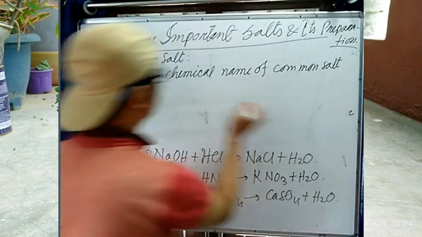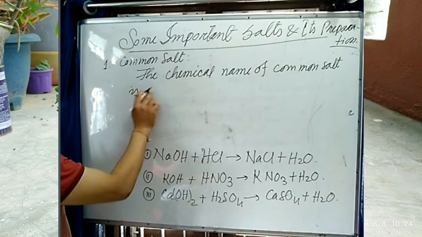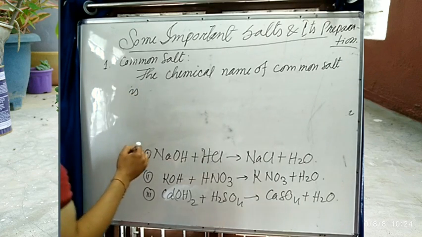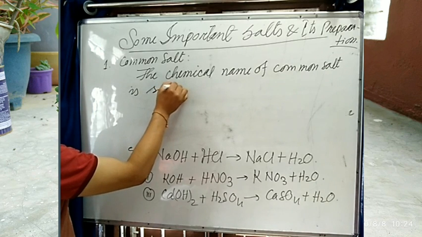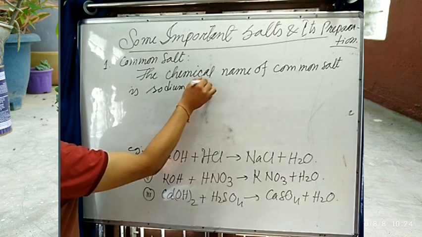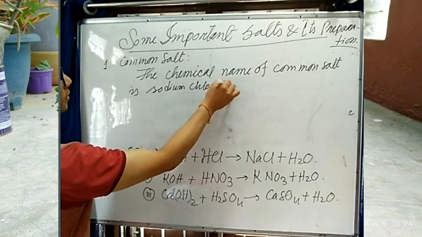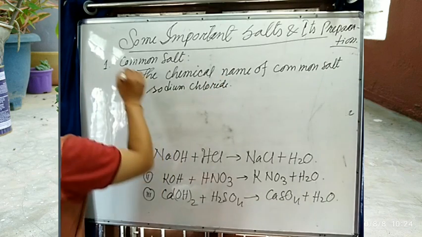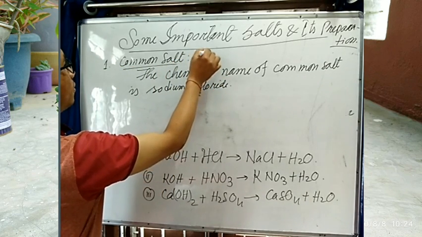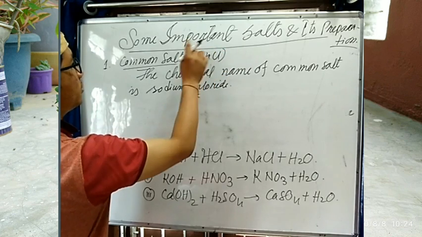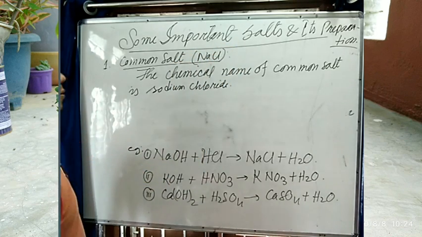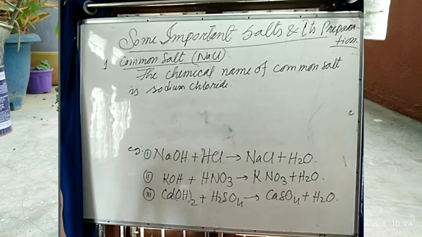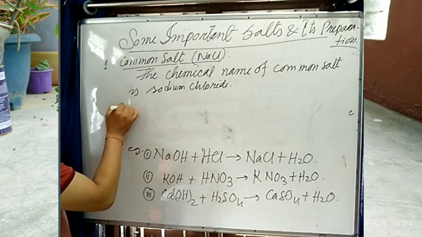The chemical name of common salt is sodium chloride. Sodium chloride, and you can write the formula here. You have to know this one, and then the preparation.